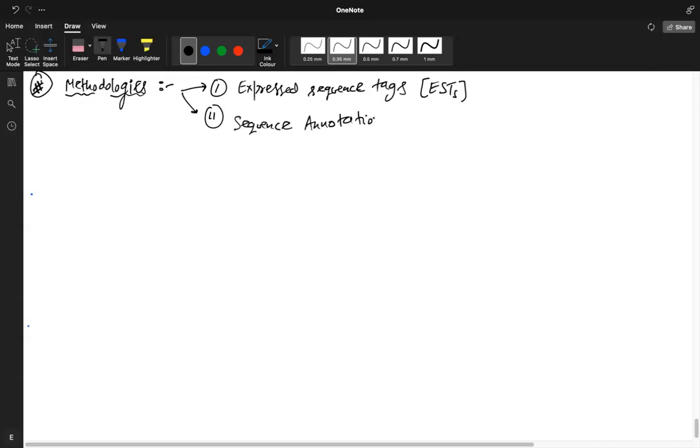Yes, correct. So one thing that is very clear from these two methodologies is that expressed sequence tags, can I call it targeted sequencing? Because it's more focused on all those parts of the DNA which can produce RNA, which means the part of DNA that can get transcribed can only be sequenced through this method.